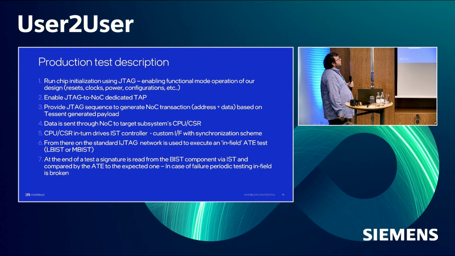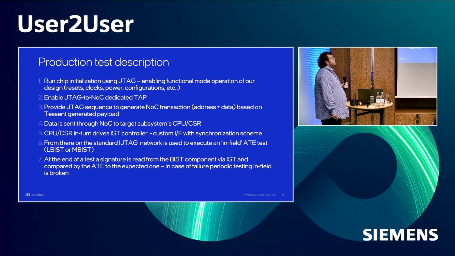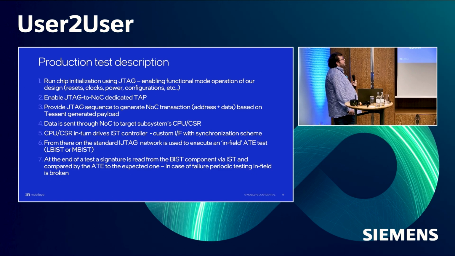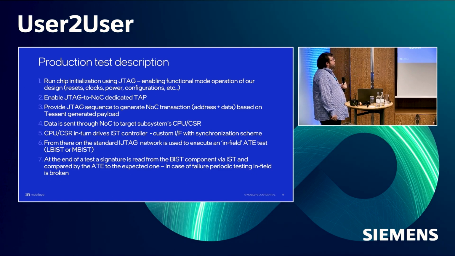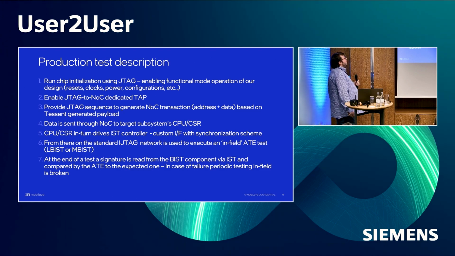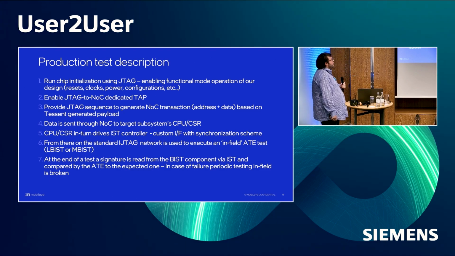It means we need to reset the design, turn on the proper PLLs, the power domains, all sorts of configurations. Once this is done, we can enable a dedicated TAP, which handles our JTAG to NOC module, which is responsible for translating the JTAG sequence to the NOC transaction.